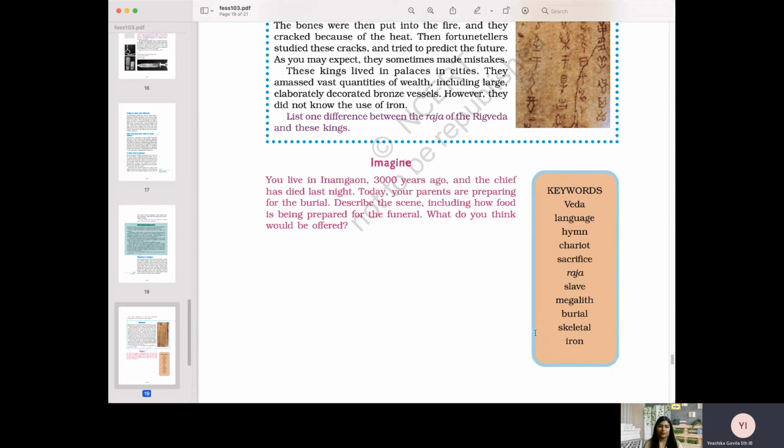So imagine now. You live in Inamgaon, a girl, 3,000 years ago, and the chief has died last night. Today, parents are preparing for the burial. Describe the scene, including how food is being prepared for the funeral. What do you think would be offered? Obviously, food will be offered.